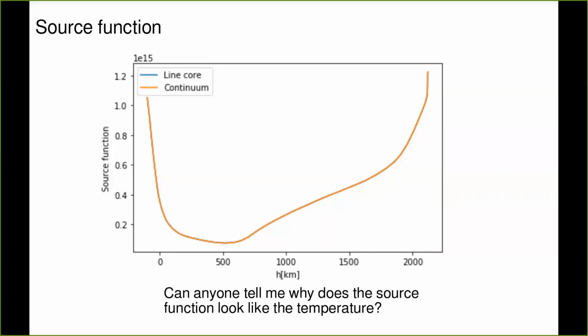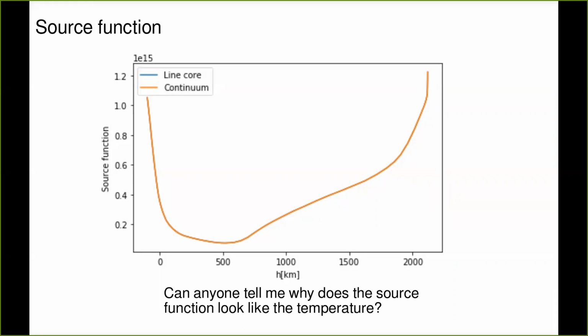Reasons why spectral lines exist is because the opacity changes by orders of magnitude on very small scales. So we see different black bodies at different depths of the atmosphere, right? Locally, for these 2 wavelengths that are almost the same, the source function is going to be the same for both of the wavelengths, because I'm assuming local thermodynamic equilibrium, and it looks very much like the temperature.